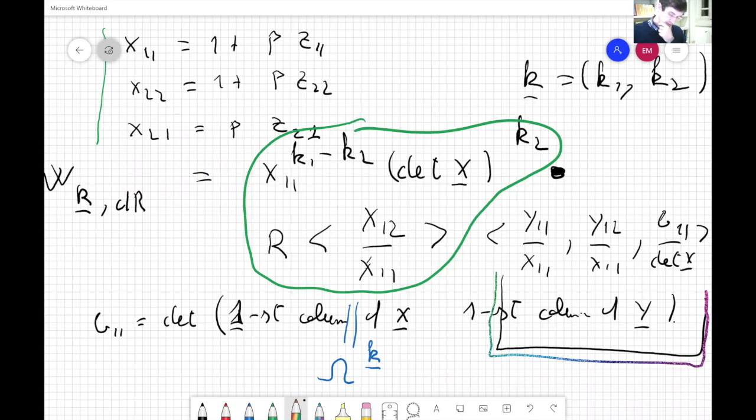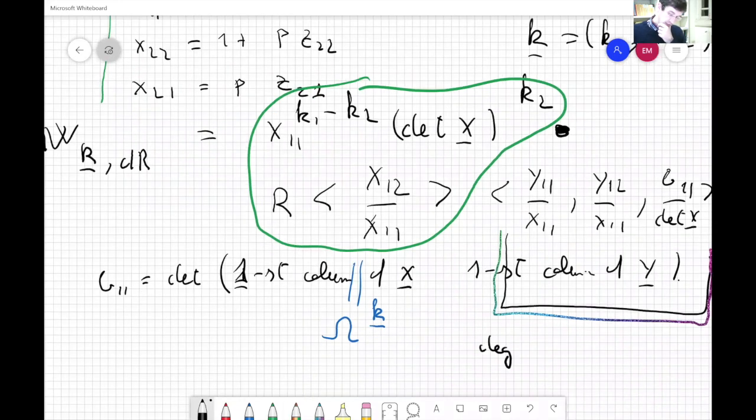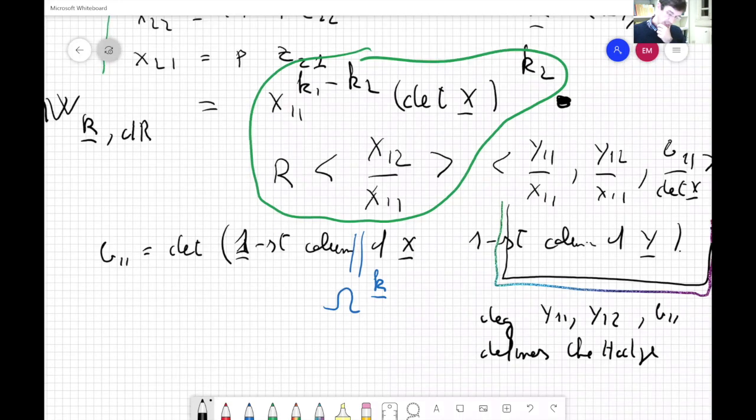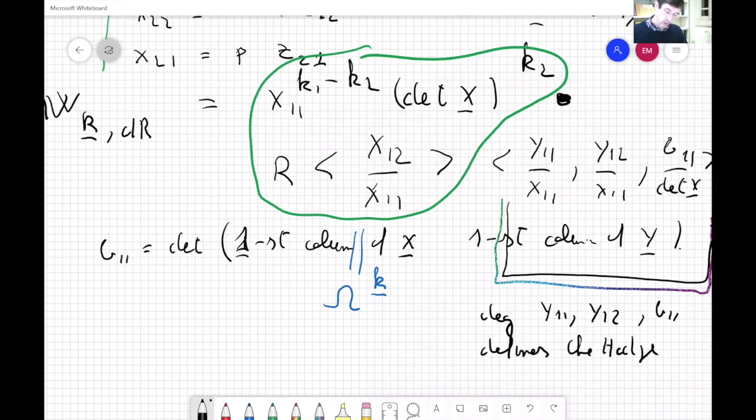And in fact, the degree in this Y1, Y2, and B11 defines the Hodge filtration. So degree 0, you just get omega k. Then you have degree 1, you take polynomials in these three variables of degree less or equal to 1, and so on. Okay.